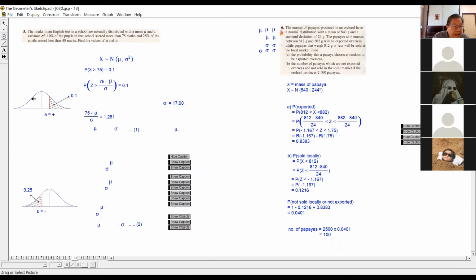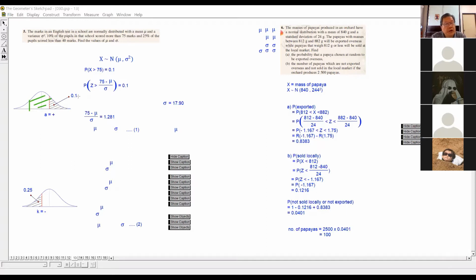Because if A is on the negative side, then the area will be more than 0.5, but the given probability is only 0.1. So the area should be smaller, and A should be positive.